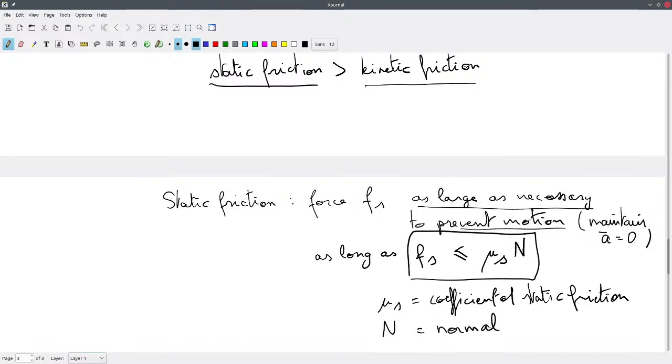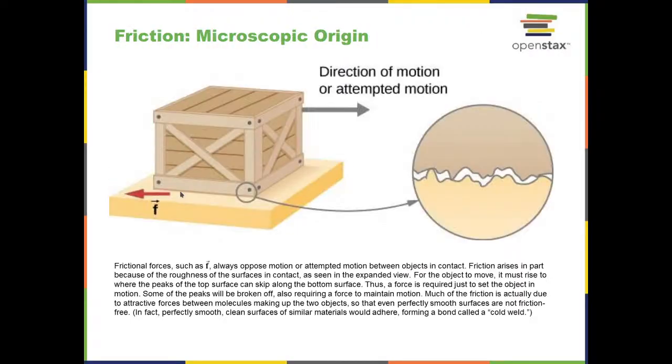So friction is proportional to the normal force, and that explains why a crate that's heavier, which will be subjected to a larger normal force, is more difficult to push, because mu s times that normal force will be larger.